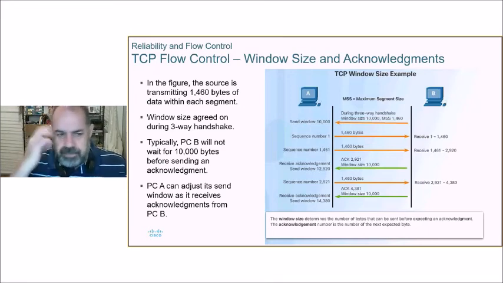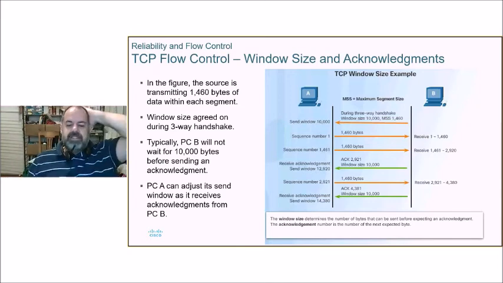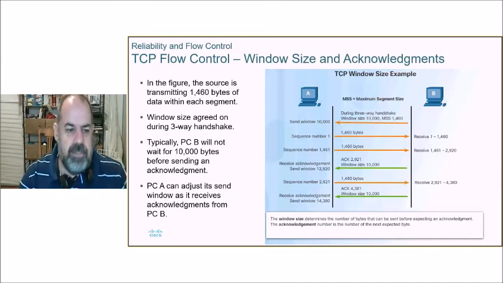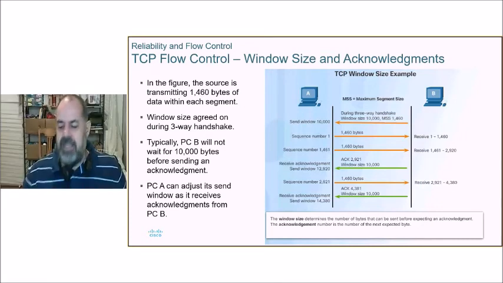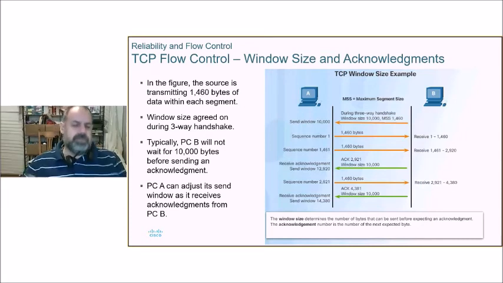But also, if you've ever noticed, when you download a fairly big piece of data, the download speed will start relatively low, will increase until a point, and then it will actually decrease, and then it will sort of hover around a little bit. That's basically the receiving host. When we got all that without errors, let's increase the window size a bit. Let's try and speed this up.